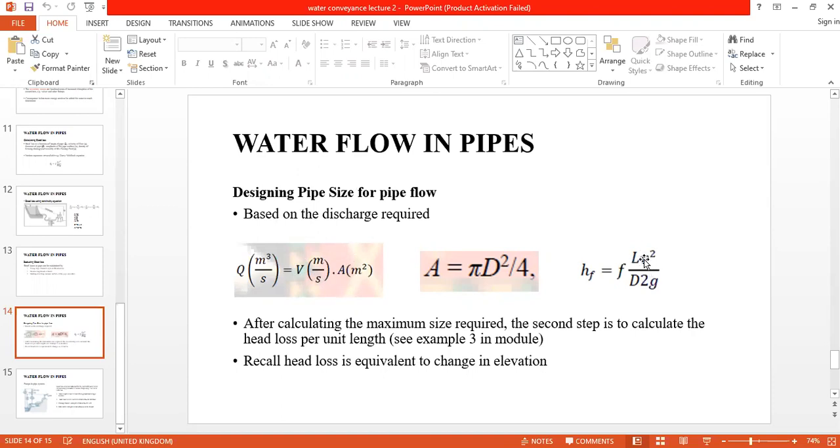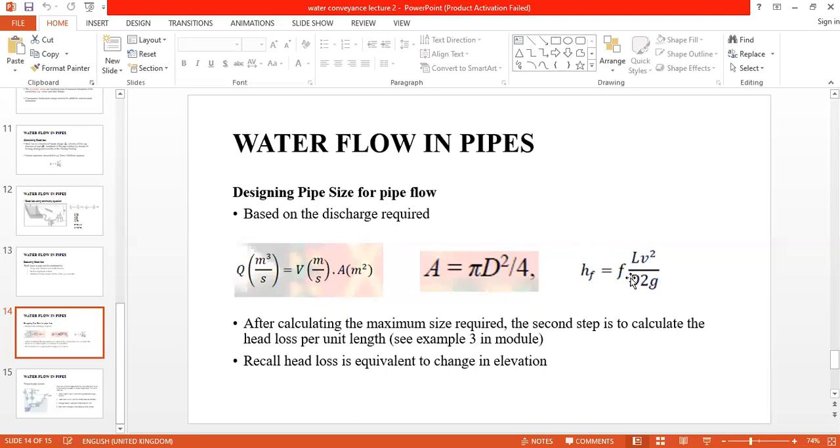Once you do that, the only unknown in your equation will be your diameter. And then now you can solve this equation for D. In that case, you would have accounted for your head loss while calculating your diameter. So at the end of this, the next slide, we're going to see an example of just what I was talking about, just to see how it flows.